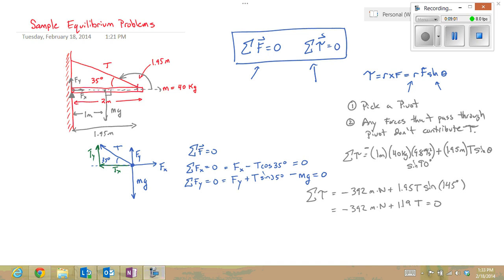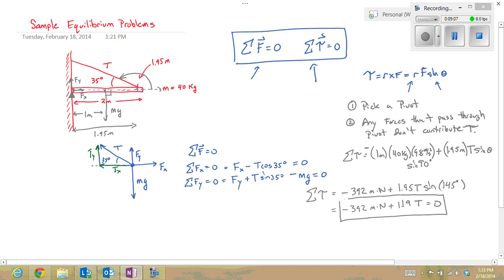So we now have an equation that says this. You'll notice that in this equation, Fx and Fy do not apply because we picked our pivot point that eliminated them. So as a result, we can solve this equation for T. The tension is going to equal 392 meter newtons worth of torque divided by 1.19, and I should have been careful with my units there.